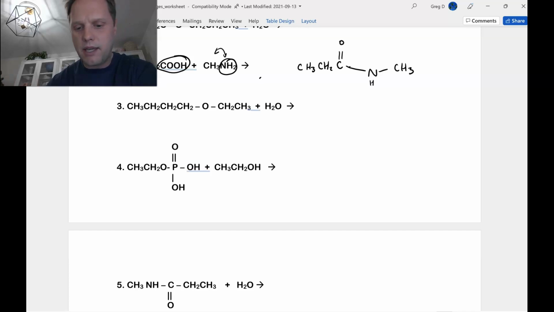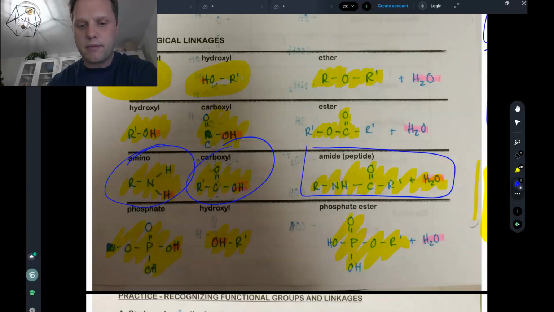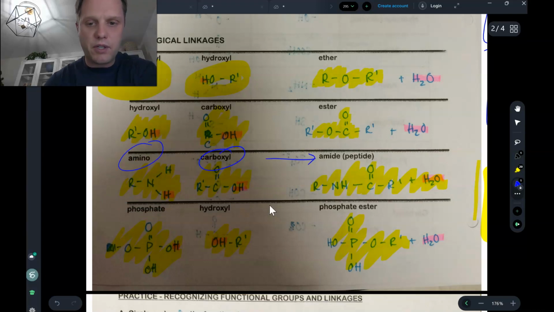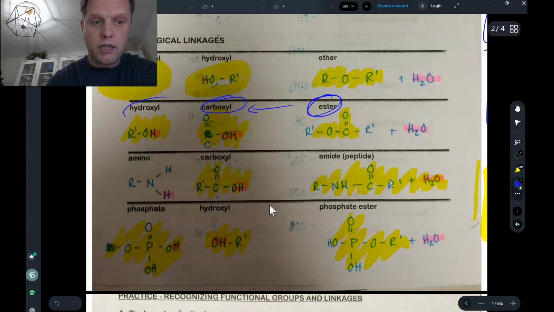You have to look at the answer sheet, which will be posted to Edsby, or in your own note. You should have this done already. You figure out what you're starting with, and you can figure out what you're finishing with. Similarly, in the previous question, we started at an ester and we went back to the carboxyl and hydroxyl. That was the first example that I showed you.